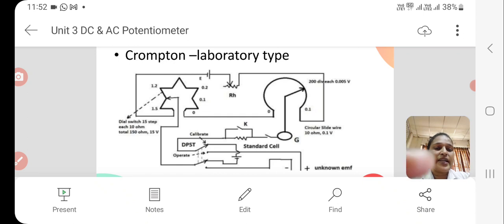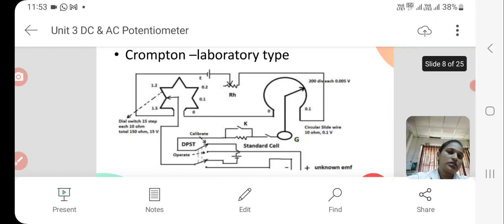The first dial, which is star shaped, consists of 15 steps, and each step has 10 ohms of resistance. So in total it is 150 ohms, and the total voltage drop across this dial 1 is 15 volts.